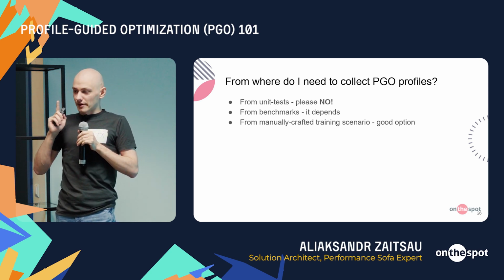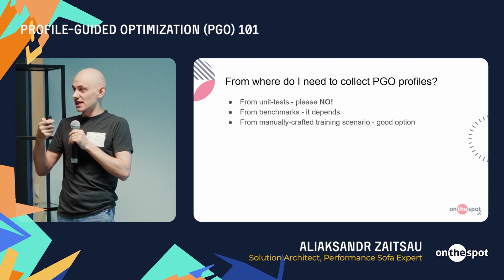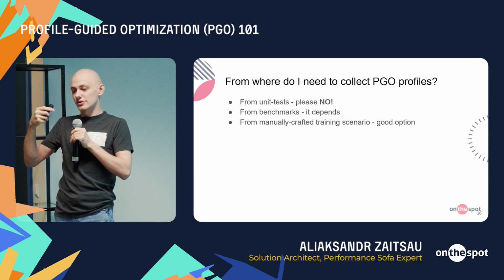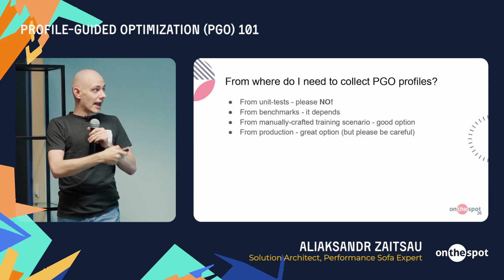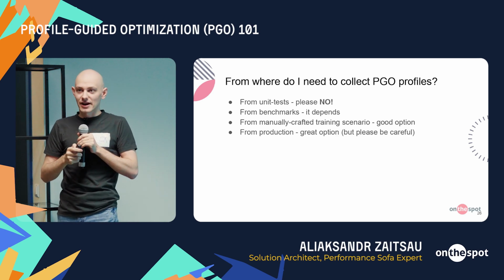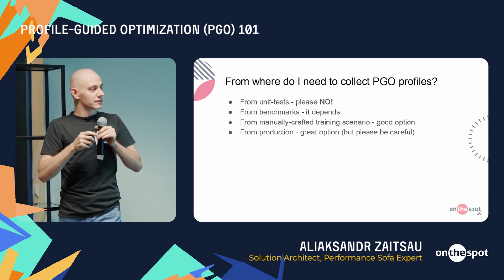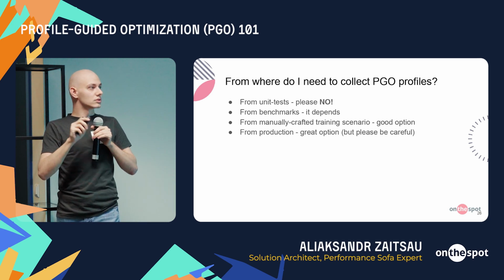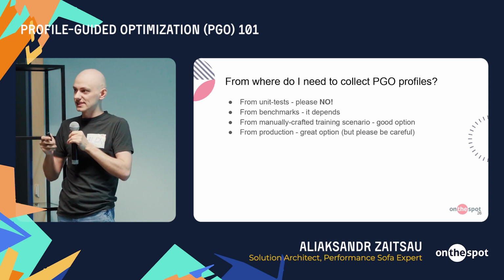But be aware of one thing. Your manually crafted training workload can become obsolete for the same reason as the profile skew problem, because your actual production workload can change over time, and you need to track it somehow. And collecting from the production environment is actually the best option. Google collects all PGO profiles only from production. No manually crafted training scenarios, something like that, only from production and only sampling PGO.